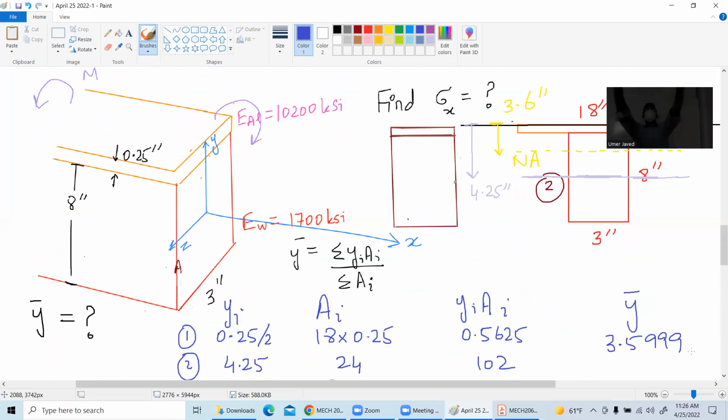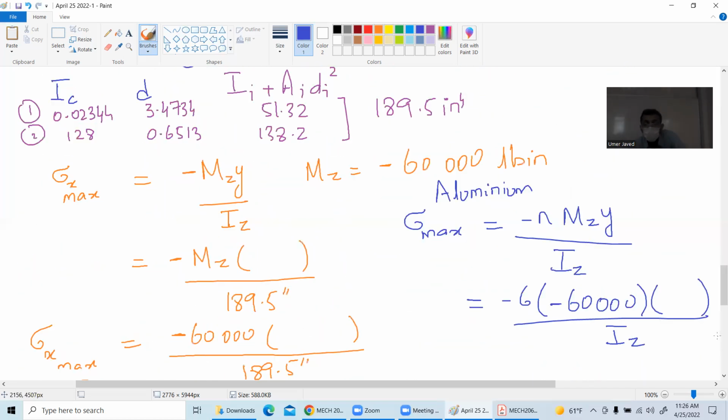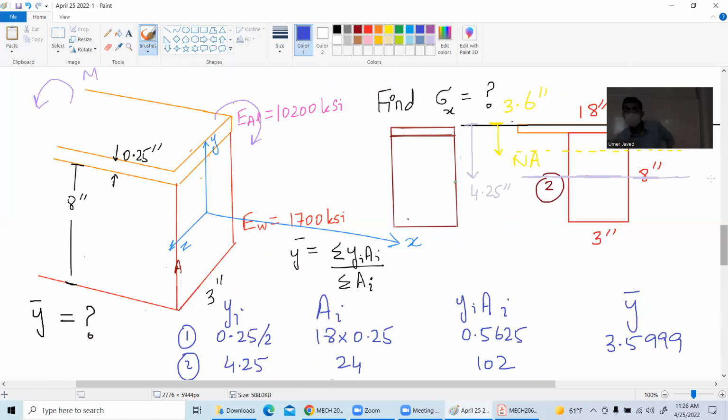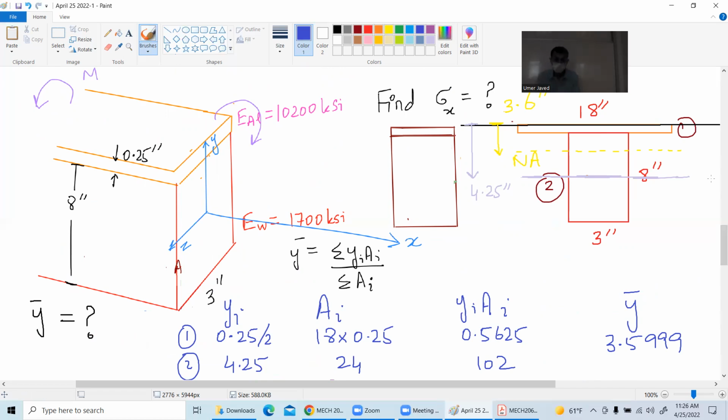Now, if it's bending like this, then the aluminum will have maximum tensile stress and the wood will have maximum compressive stress, right? Okay. So give me the value of Y for maximum tensile and maximum compressive. So where is my neutral axis? My neutral axis is this one.